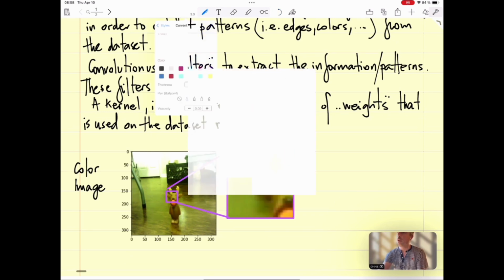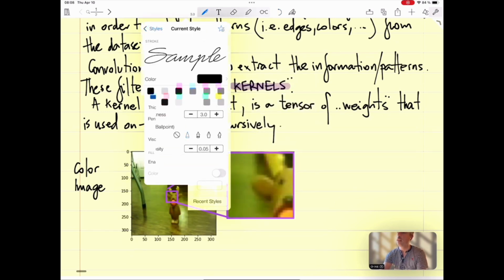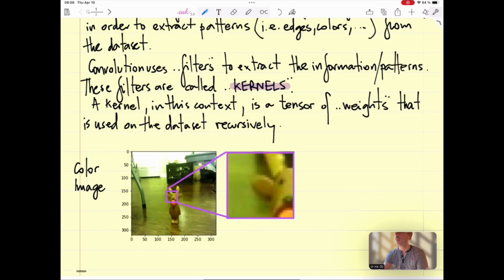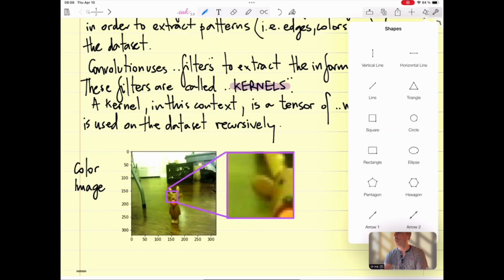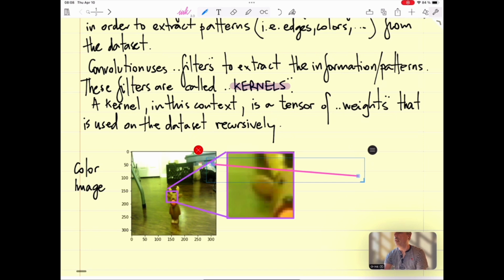So what we have here in reality is not a flat image. We have a cube. So we have 3 layers of pixels, 3 layers of elements that are put together in a cube format.